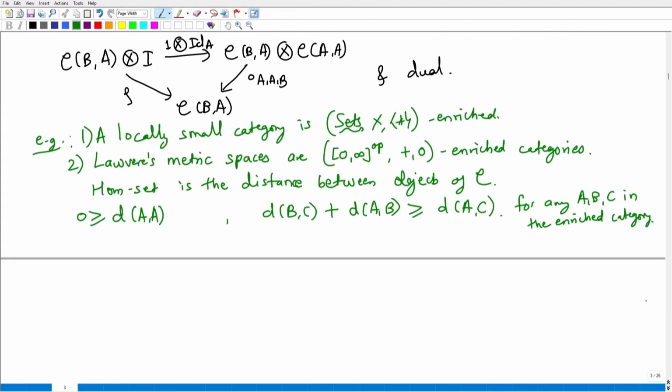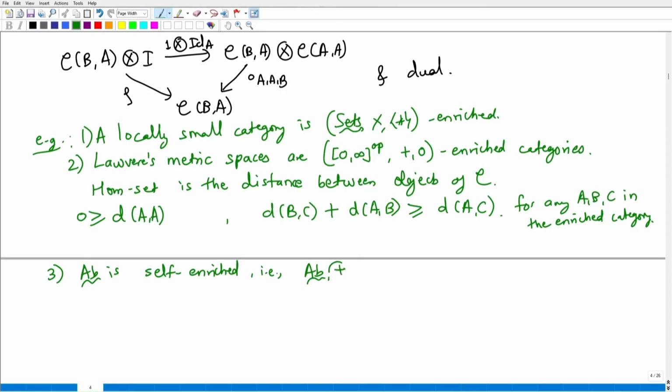Okay, so I'll give you some more examples, like Ab is self-enriched. What is the meaning of self-enriched? So that's what I started with, yeah. Abelian groups, the hom sets in abelian groups, they carry an abelian group structure themselves.